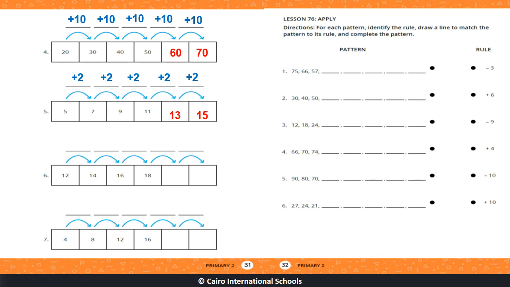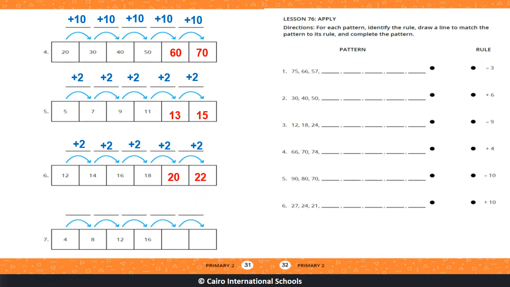So the pattern rule is plus because it's an increasing pattern, and 2 because each time we are adding 2. So the pattern rule will be plus 2 also. 12 plus 2 equals 14. 14 plus 2 equals 16. 16 plus 2 equals 18. 18 plus 2 equals 20. 20 plus 2 equals 22.